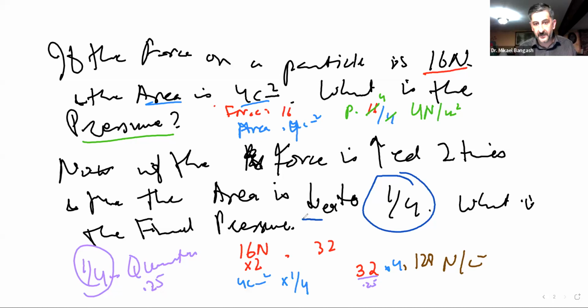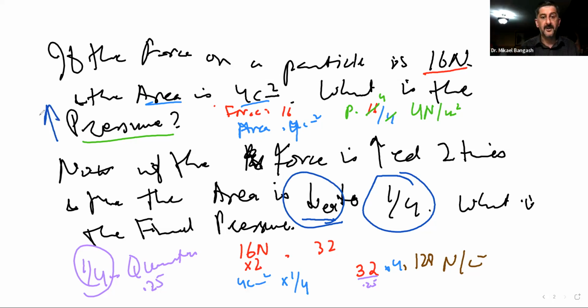It's decreased to 1/4. When you decrease the area, that's what it tells you: the pressure is going to increase, even if you kept the pressure or force constant.